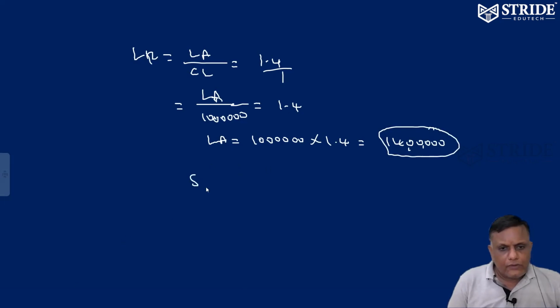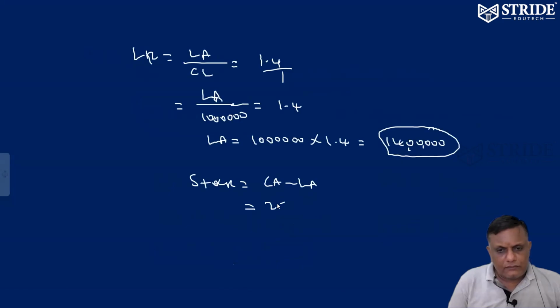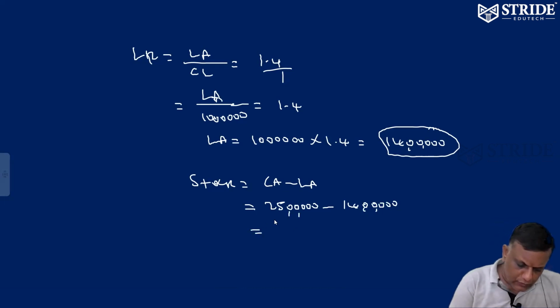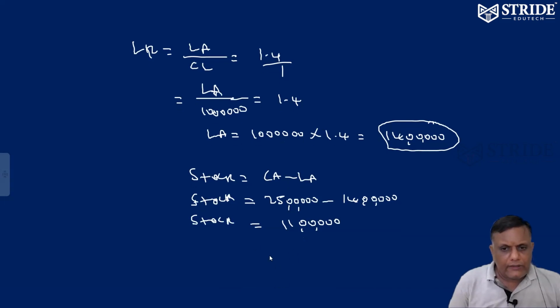So stock is equal to current asset minus liquid asset. Current asset 25 lakhs, liquid asset 14 lakhs. 25 minus 14 is 11 lakhs. That is the stock. Inventory is 11 lakhs.